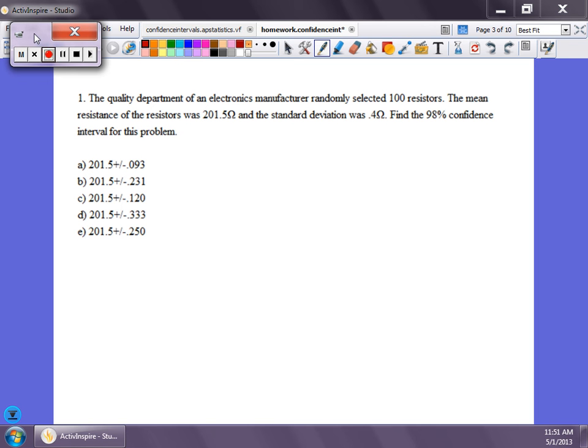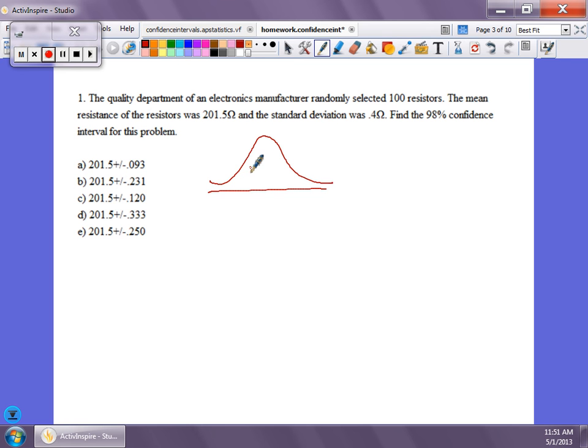We are asked to create a confidence interval. So it's a 98% confidence interval, so we need to find an appropriate z-star value. For 98% confidence, that means we want 0.98 in the middle. That leaves 2% left over. That 2% is 0.01 in either tail. And we need to correctly identify the z-star that goes with that.